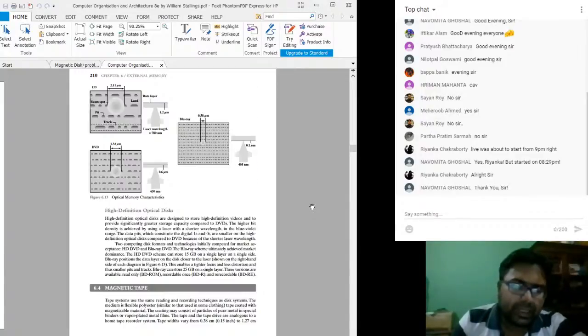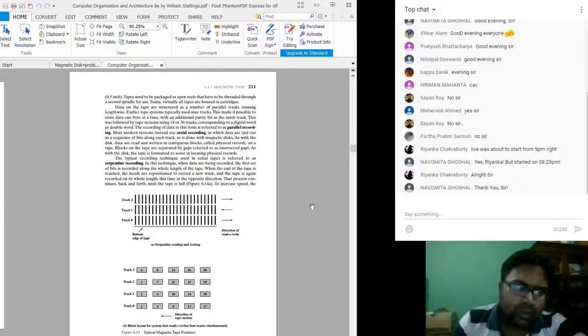Next comes magnetic tape. You might have seen an audio cassette player, so it is just the same thing. The magnetic tape will be there and data will be recorded sequentially. Whenever you want to read, there will be a read-write head and data will be accessed from this magnetic tape. Blocks are separated by inter-record gaps.